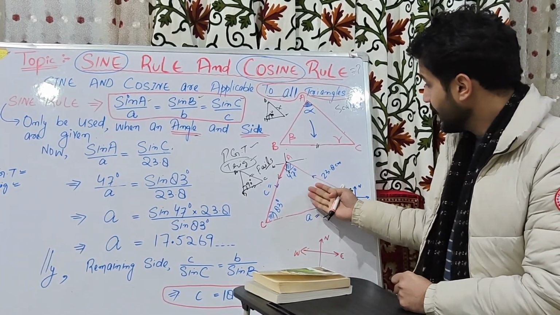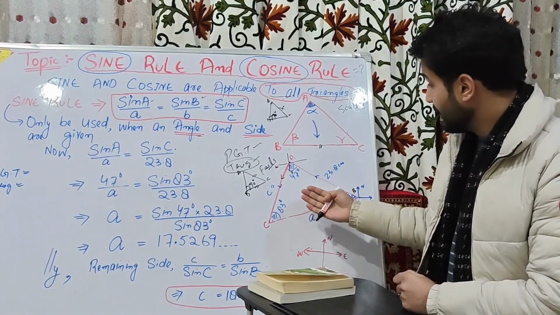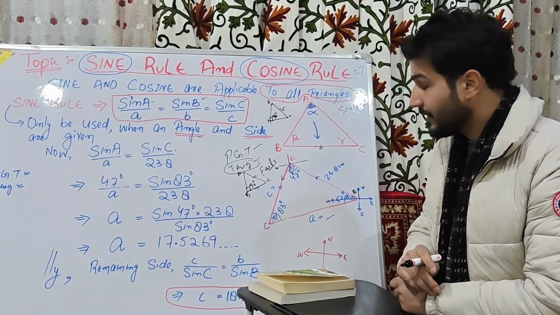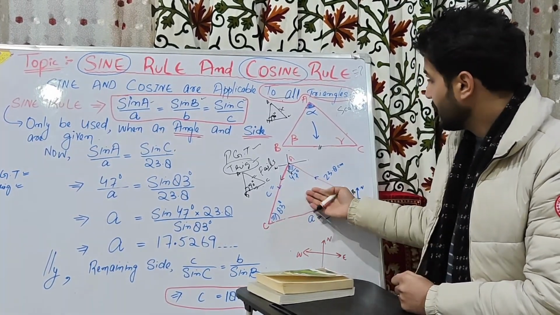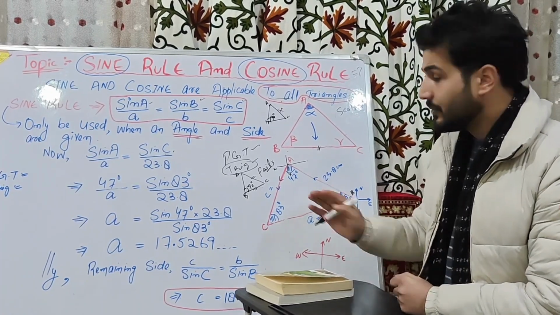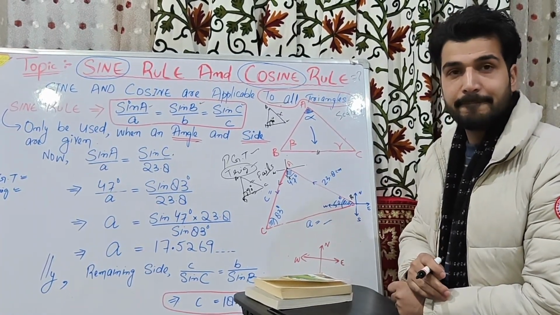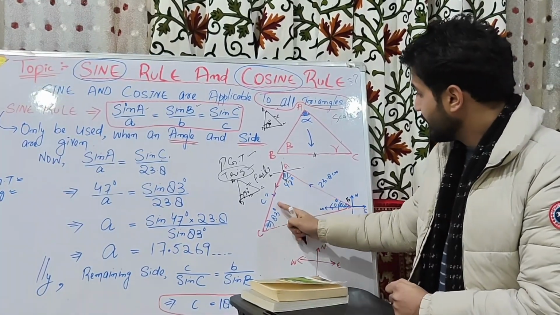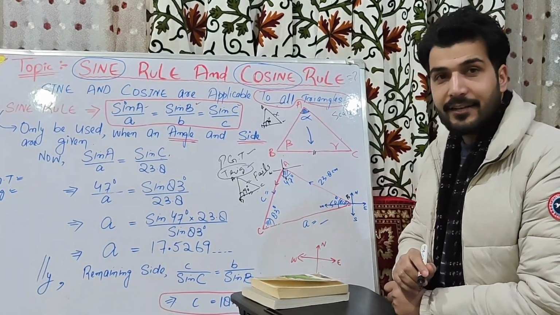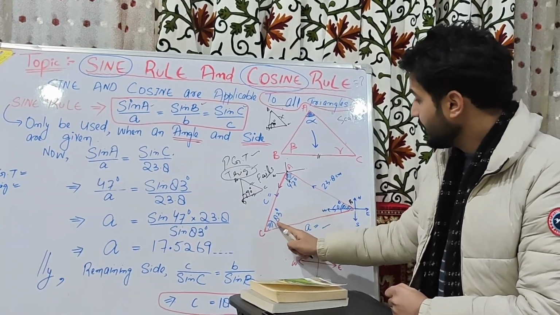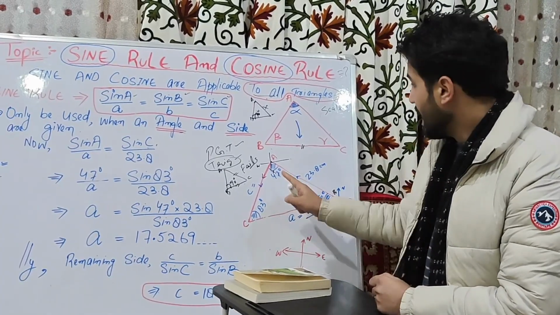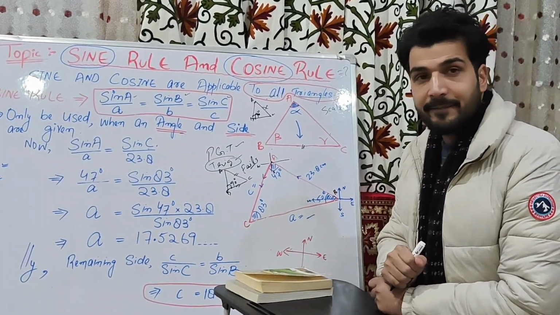If it were a right angle triangle, then it would be easy for us to find the distance, right? But this is a scalene triangle in which only the angles are given and one side AB is given.